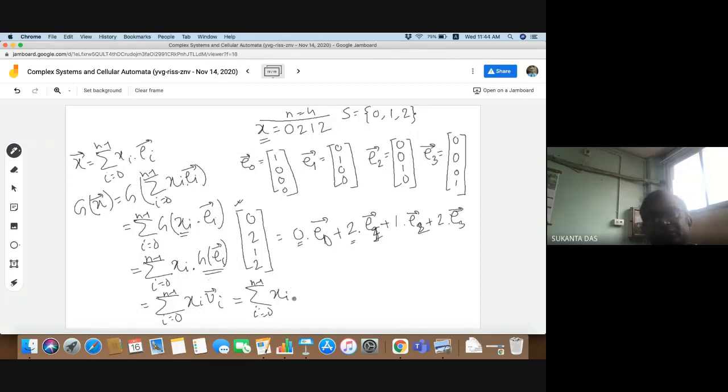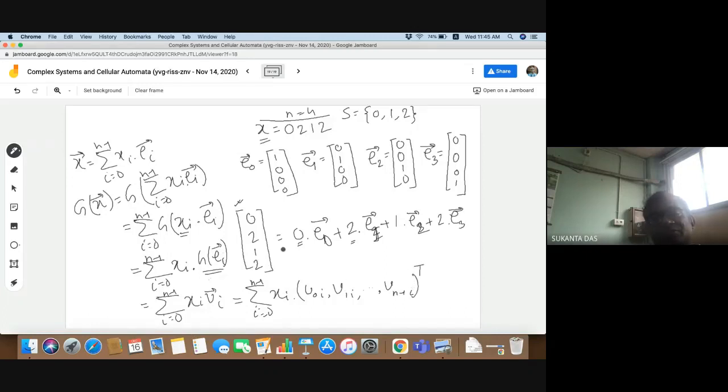Let us expand this vi. So vi is represented in this format. How can I write it? I'm writing the set v0i, v1i, dot, v(n-1)i, transpose.